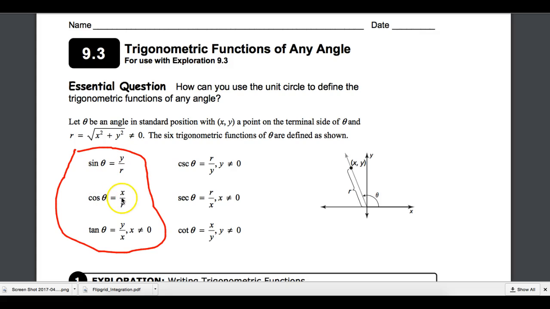Our cosine is our x coordinate divided by the length of r. And our tangent is just y over x, that's our y value divided by our x value. So your 3 variables right here are x and y, which you get from your coordinate, and then r. r is the distance from the origin to your point.